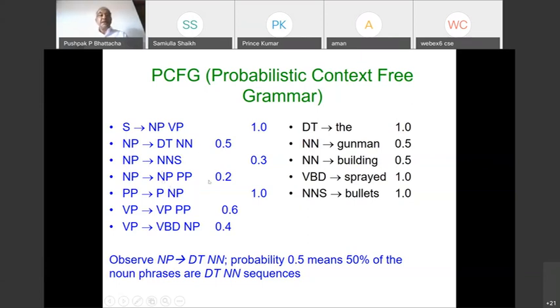Now, out of these three, we see that probability values are 0.5, 0.3, and 0.2. The probability values must add up to 1. Of course, you might ask, where is NP being composed of adjective and noun? This is only a segment of the language, and our world is this, the language constructs shown on the screen. Now, NP goes to DT NN with probability 0.5 means that 50% of the noun phrases are in DT NN sequences.